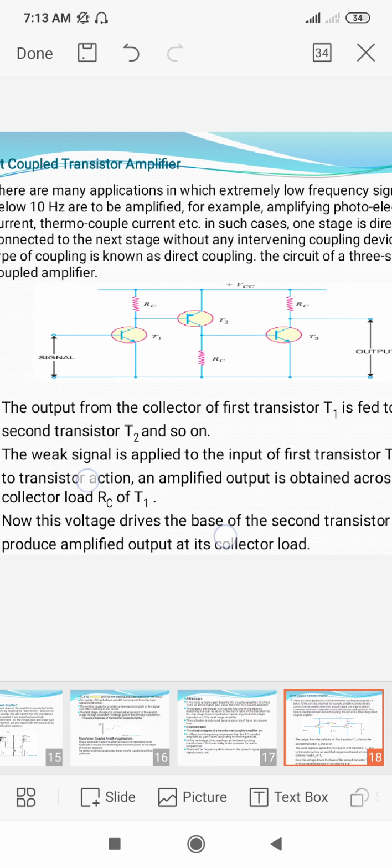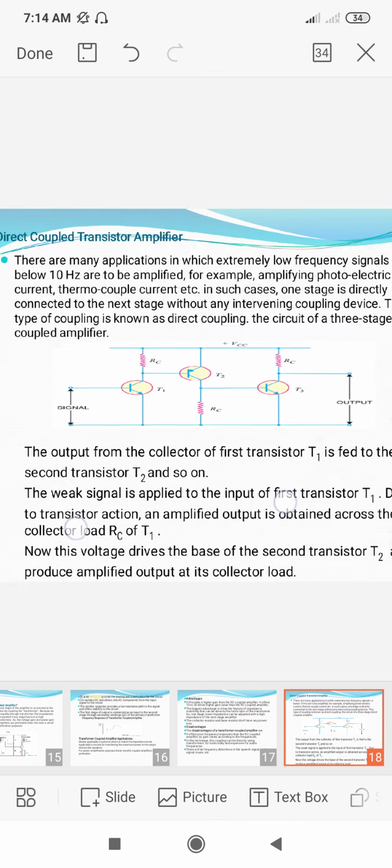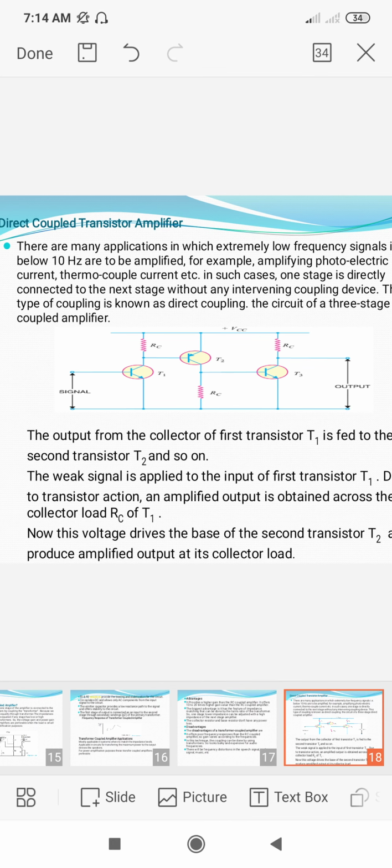There are three transistors, two NPN and one PNP, connected together, with the input signal on the input side and the output, compared with the RC coupled amplifier, which uses coupling resistors. These are the direct coupled transistor amplifiers.